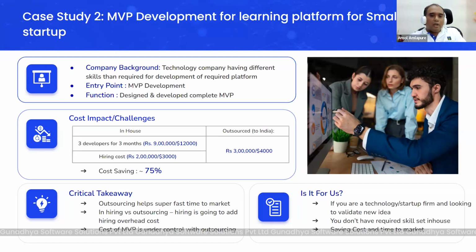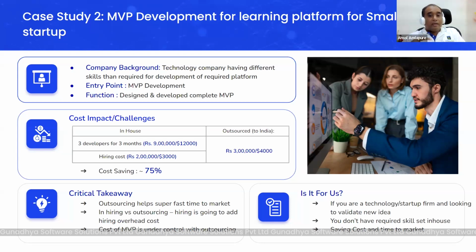So what are the critical takeaways in this case? If you do not have expertise in-house, then in-house development is going to be very slow because of all the hiring and team coordination activity. Outsourcing is actually a key to achieve faster time to market.